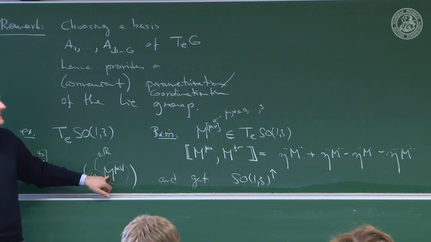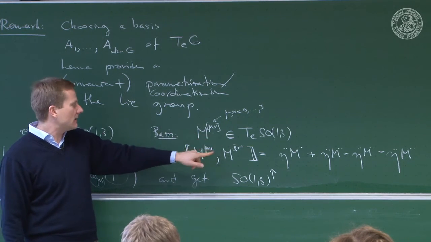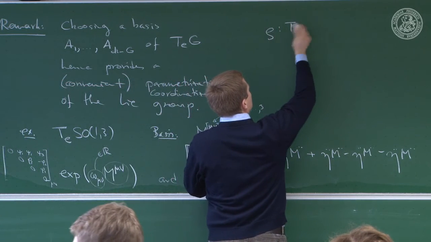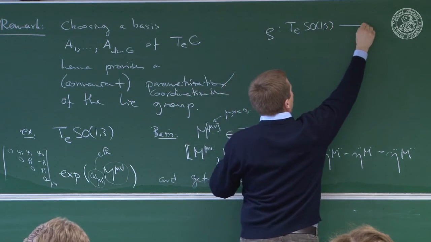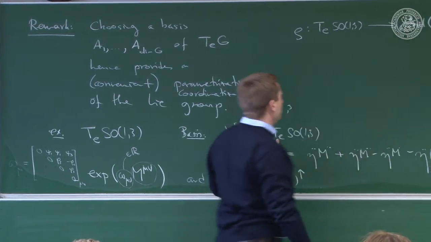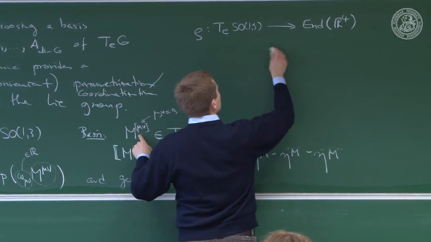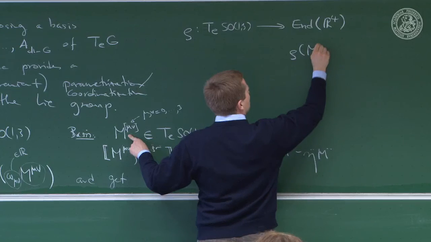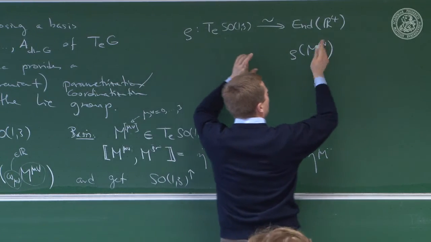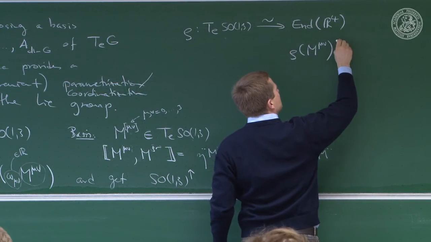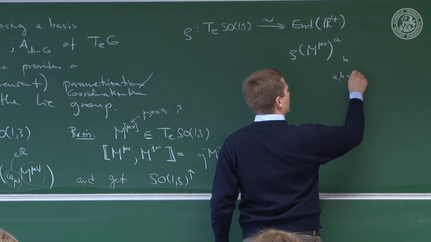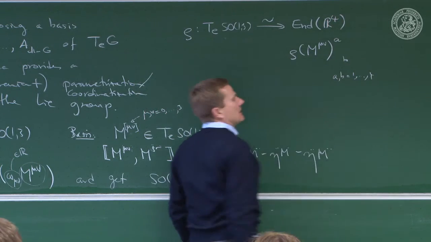If you now represent the algebra, that means you have a representation, well in this case of SO(1,3), and you decide to represent the algebra on, say, R4, then the representation of each basis element M mu nu, you know the representation is linear, so I only need to define it on a basis, is a matrix with indices A and B, where A and B run from 1 to 4, that acts on R4.